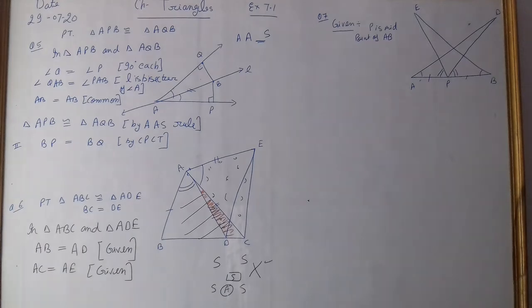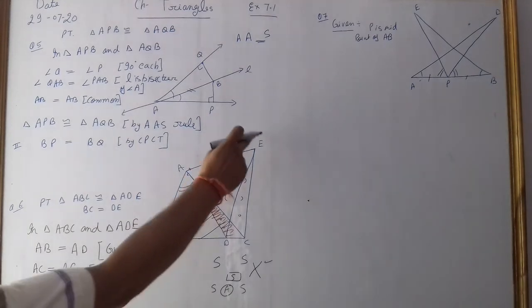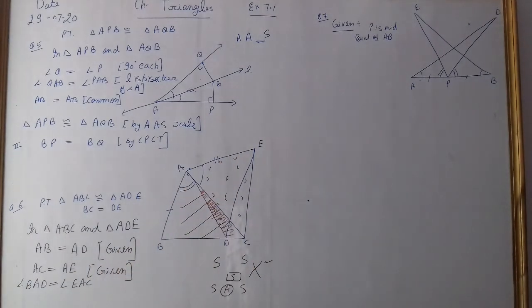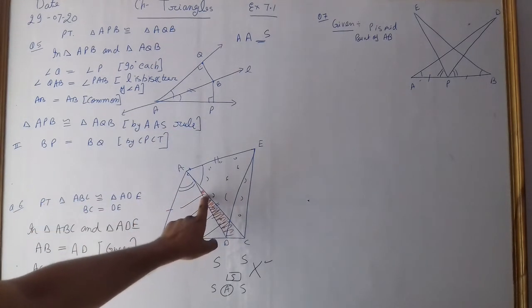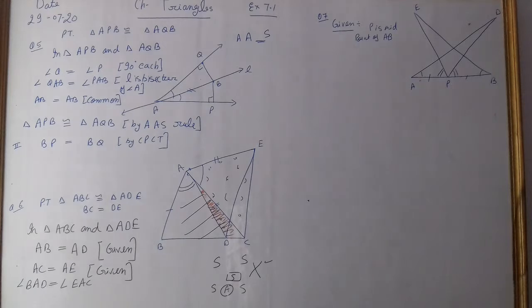In the given angles, we have to add this angle. See how? We are given angle BAD is equal to angle EAC. EAC, right? But I told you before that this small angle we have to add on both sides.